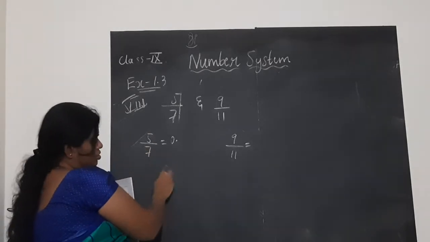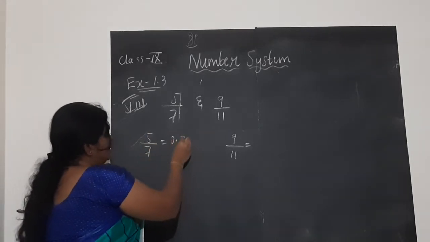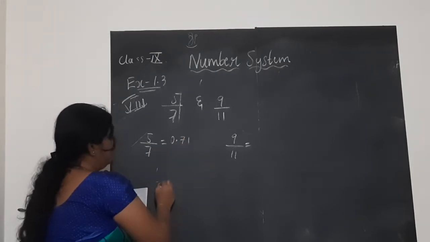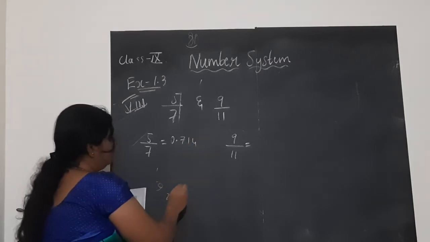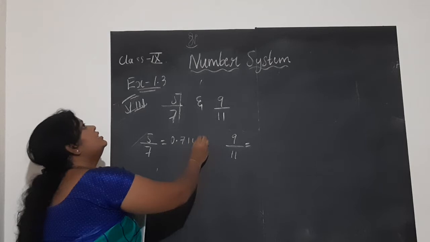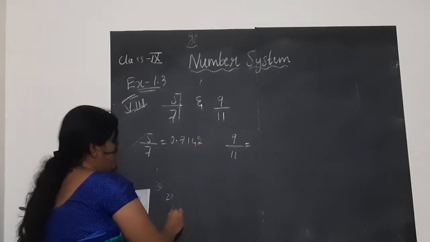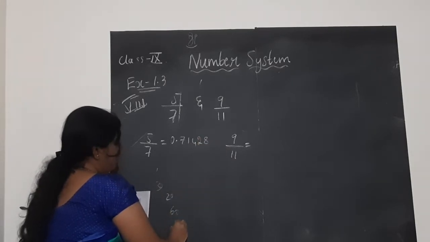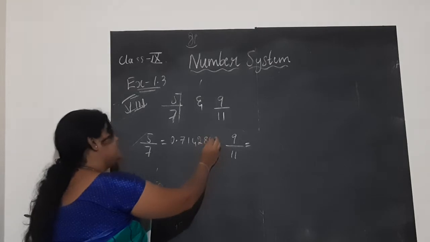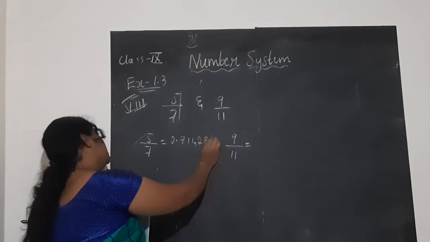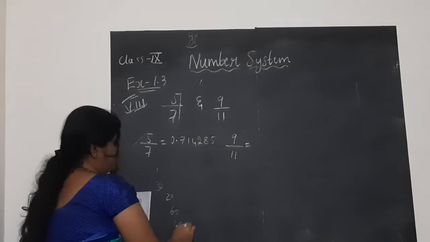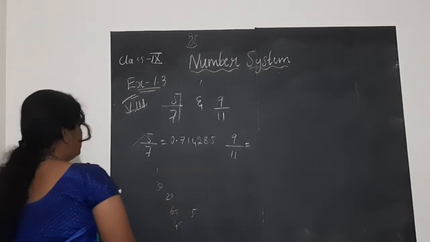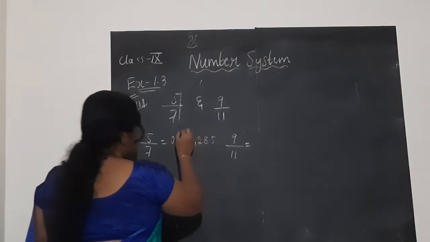I want you to show the steps in your classwork. 7 sevens are 49, 1 remaining, 0. 7 ones are 7, 3 remaining, 0. 7 fours are 28, 2 remaining, 0. 7 threes are 21, 7 twos are 14, 6 remaining, 0. 7 eights are 56, 4 remainder, 0. Again 7 fives are 35, remainder 5.